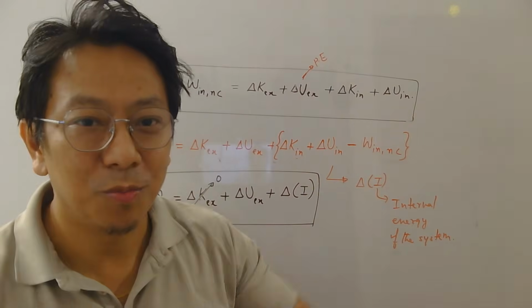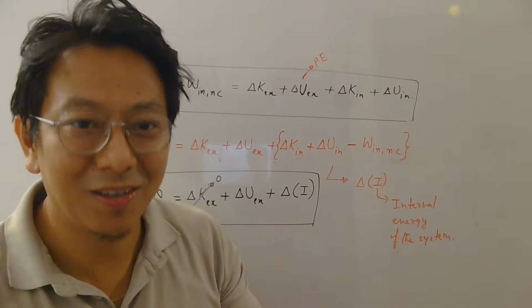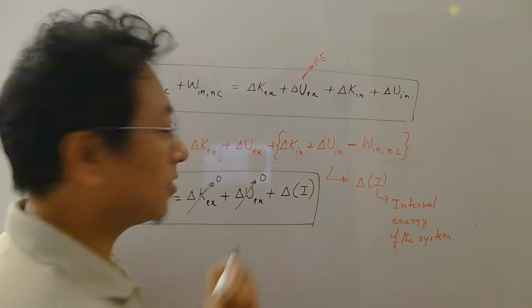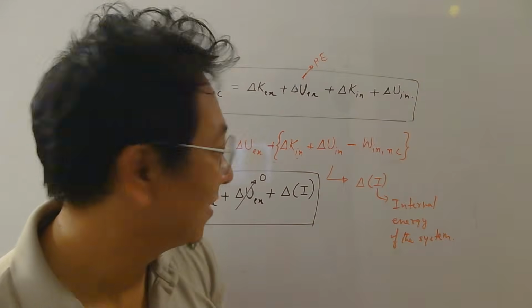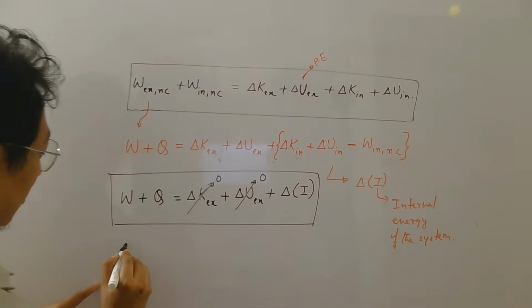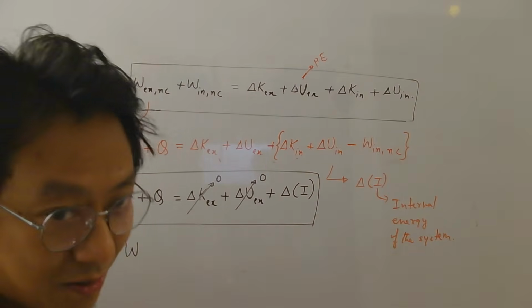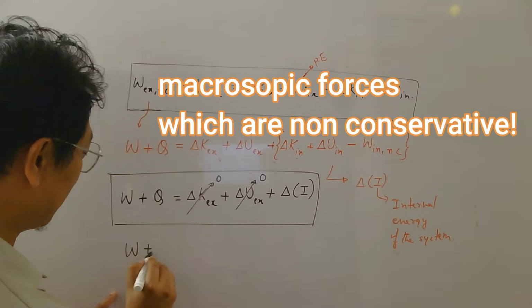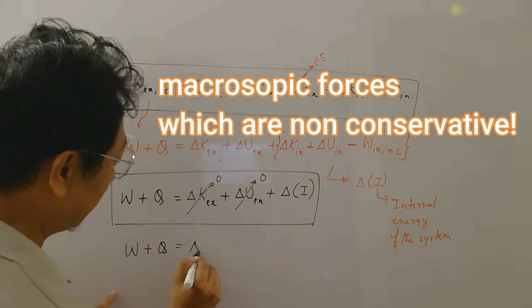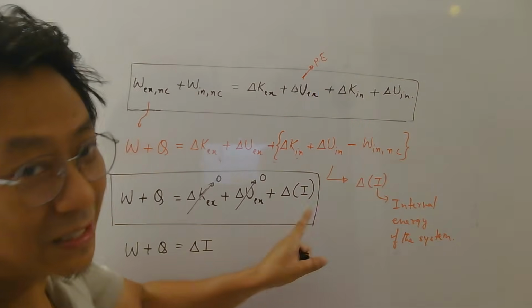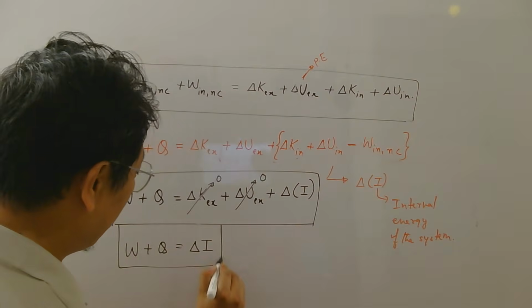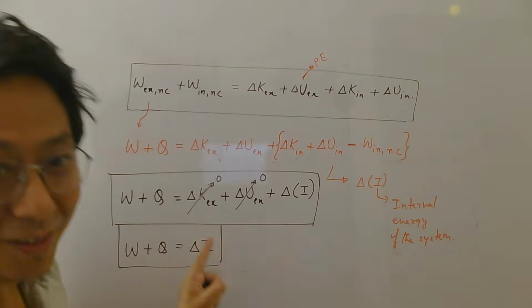And if you don't move it up and down, or if you don't connect it to any spring and all, then there will be no change in potential energy of the system also, external. So in that case, work done on the system by the macroscopic forces plus the heat supply will be equal to change in internal energy of the system. And this is what you all know as first law of thermodynamics.